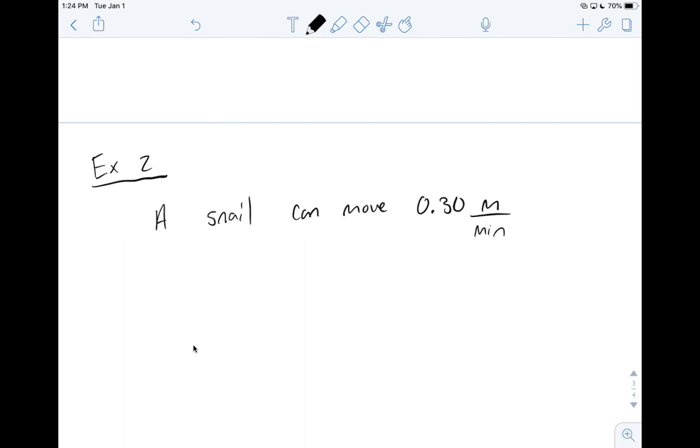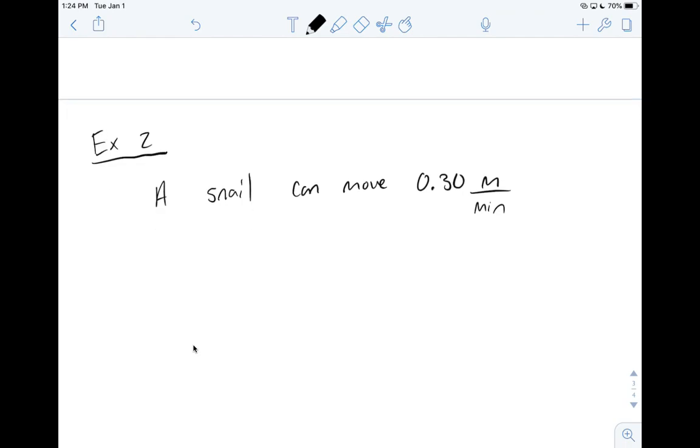How many meters can the snail travel in 15 minutes? So the snail can move 0.3 meters per minute. We want to know how many meters the snail can travel in 15 minutes.